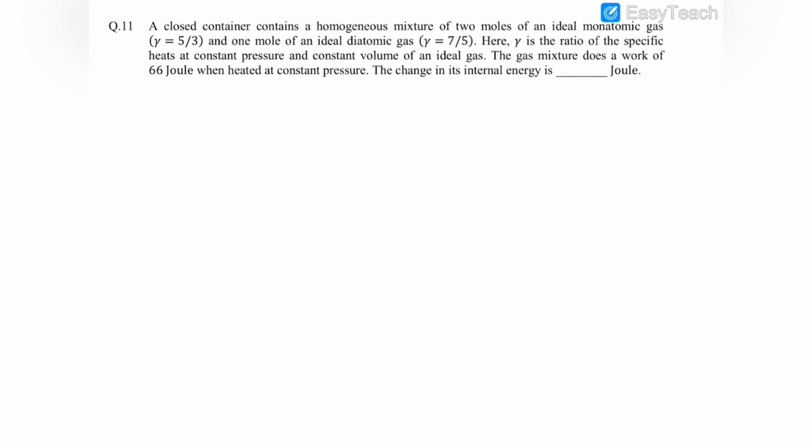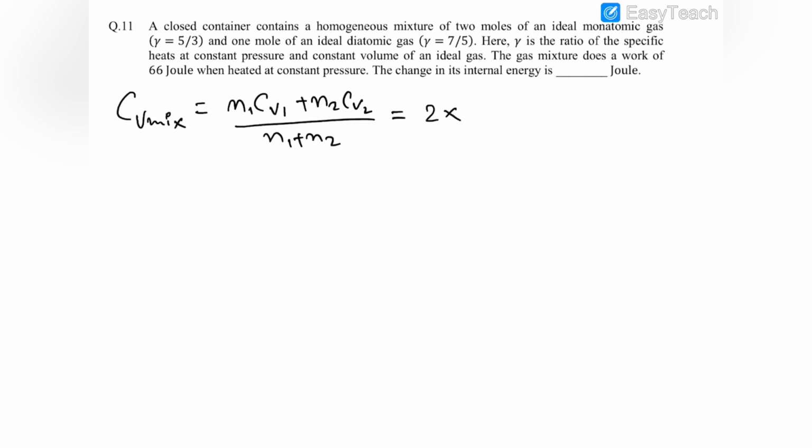So we know that, first of all, Cv of the mixture is n1 Cv1 plus n2 Cv2 upon n1 plus n2. Okay, so n1 is 2, and the monatomic gas has a Cv of 3R by 2, plus n2 is 1, and the diatomic gas has Cv of 5R by 2, divided by 3.